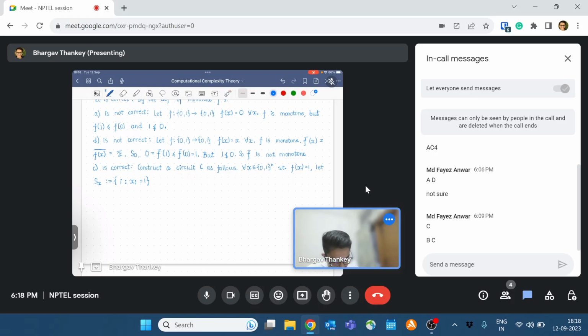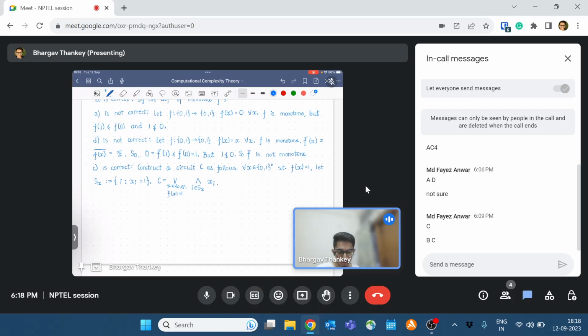Yeah, so this is Sx, and C is the OR over all x in {0,1}^n such that f of x equals 1, of the AND over all i in Sx of xi. So this is the circuit.